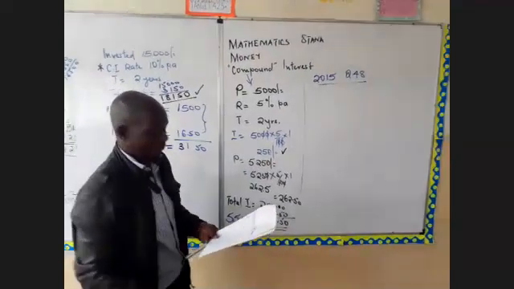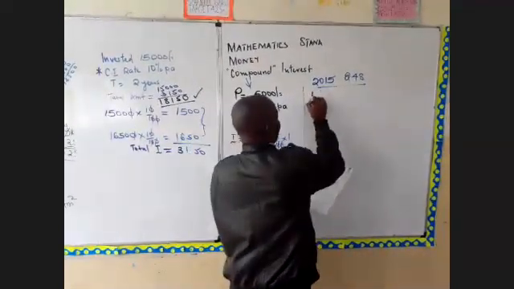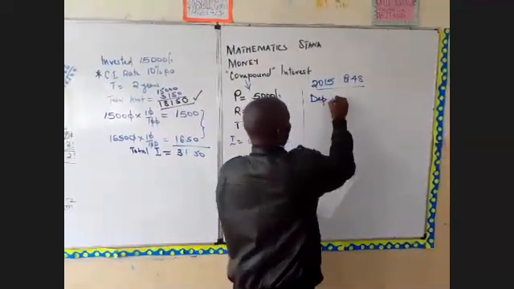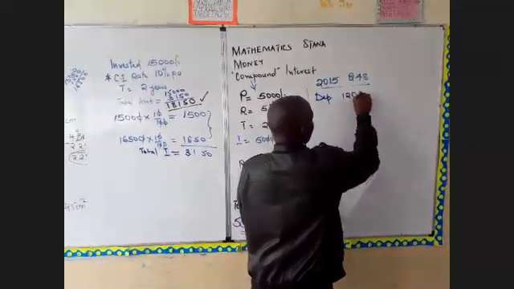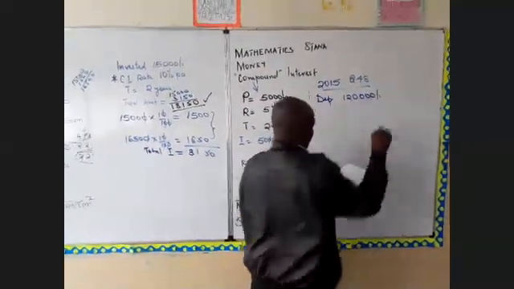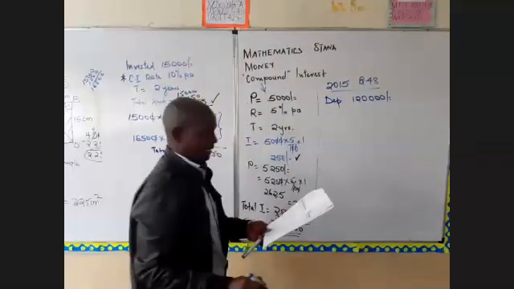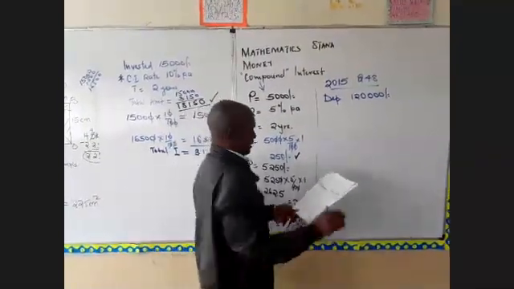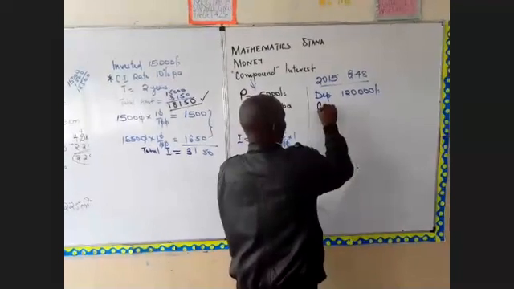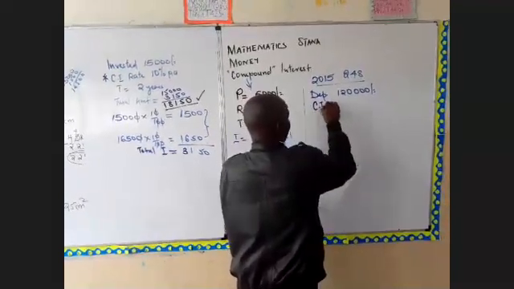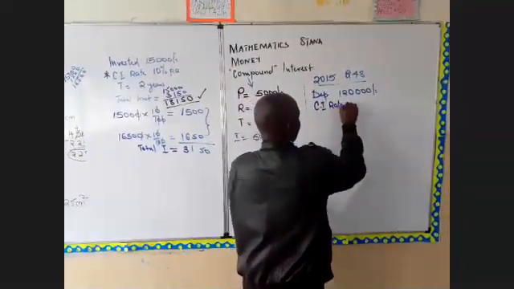Ngoko deposited 120,000 in a bank that gave compound interest rate of 6%. Compound interest rate is 6%.